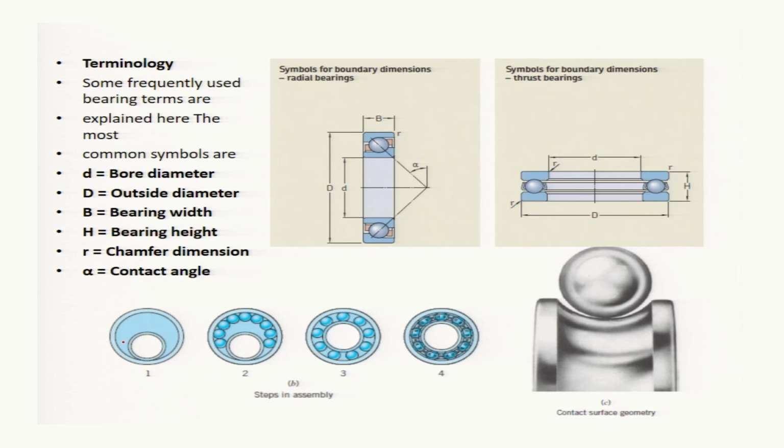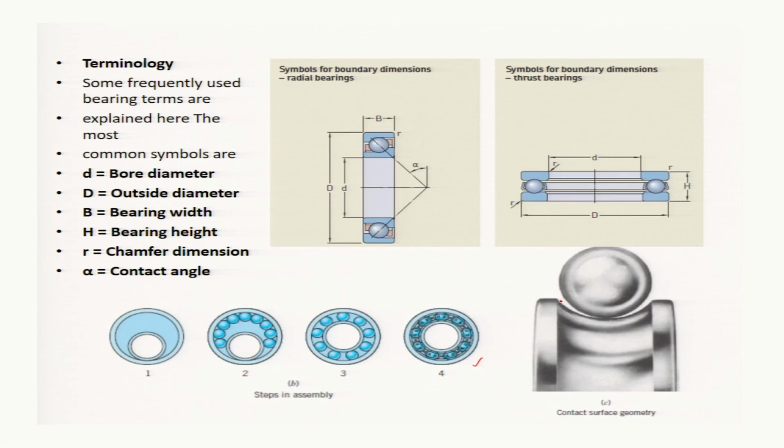In this space your balls will be filled, and then the inner race is moved up, and these balls are separated, and then a cage is mounted from top and bottom, so that the balls may not touch each other and intermingle with each other, and they may be at equidistance from each other. That is shown in the fourth figure.